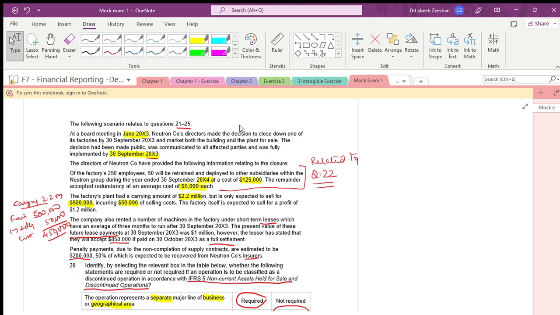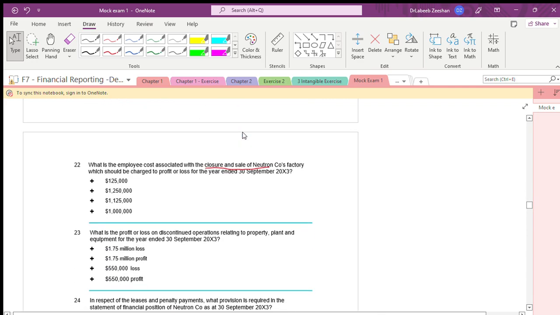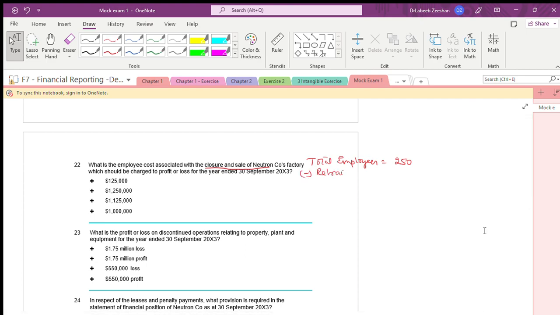How many employees are there? Total employees are 250. Retrained is 50. So 200 employees are the people who are going to be affected by the closure.